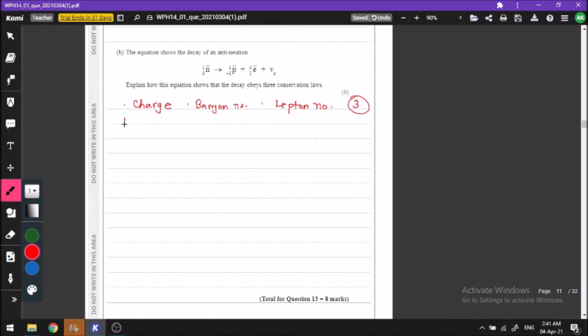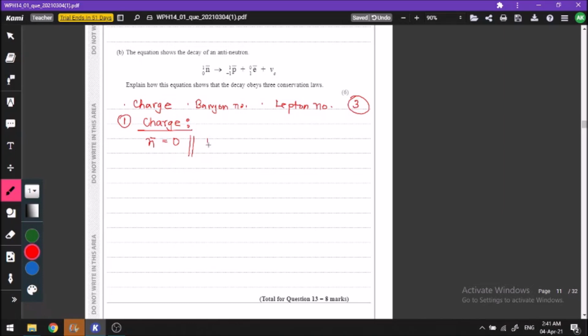So moving on, charge. Let us see how the charge is conserved in this equation. We're going to have two sides, before the decay and after the decay. The antineutron has a charge of 0. After the decay, let us see what is the total amount of charge that remains.